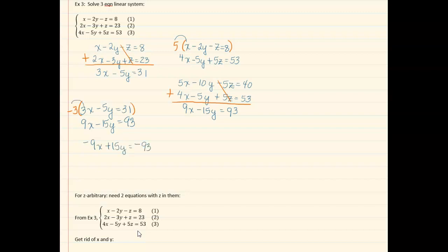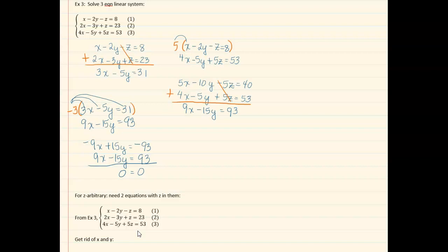That's from multiplying that negative 3 times everybody. And I have my 9x minus my 15y is equal to a positive 93, and when we add, we get 0 is equal to 0, which tells us that this is a consistent dependent system. We're not surprised because I told you that this is what we were going to have.